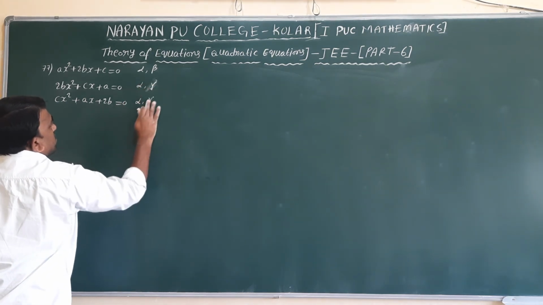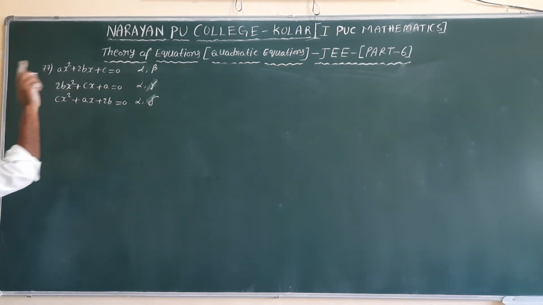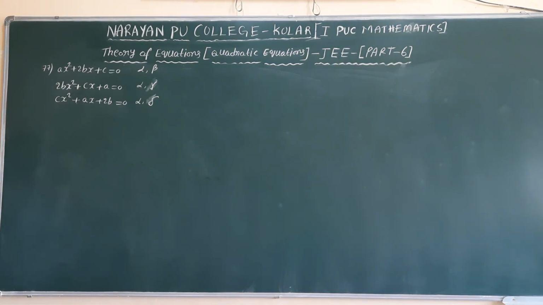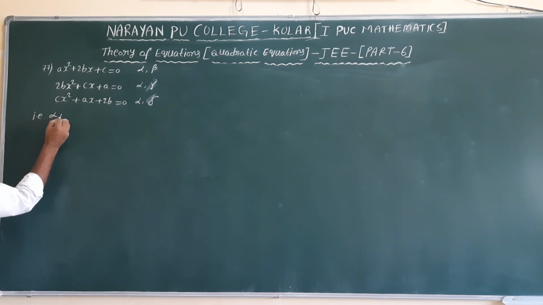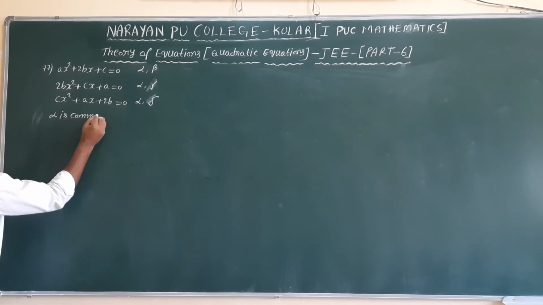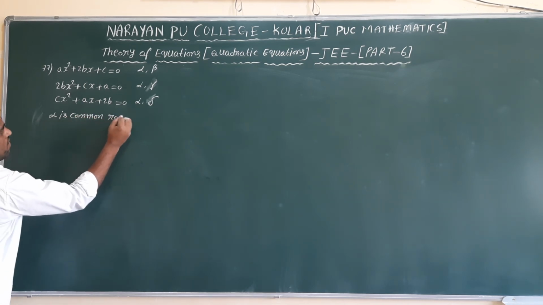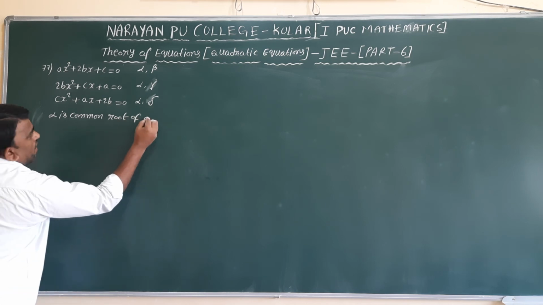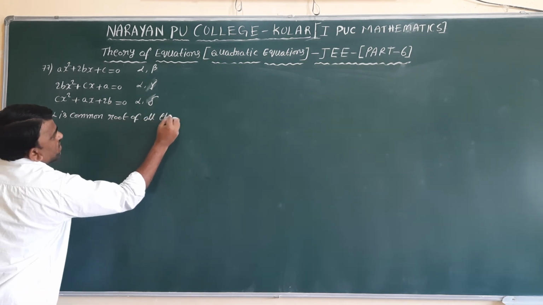So if you observe, the common root of all these 3 quadratic equations is alpha. That means it will satisfy all the equations. So alpha is the common root of all 3 equations.